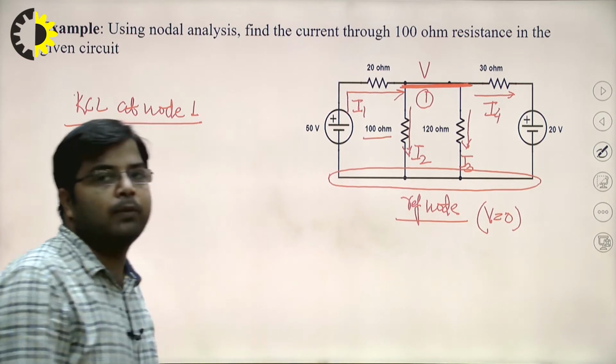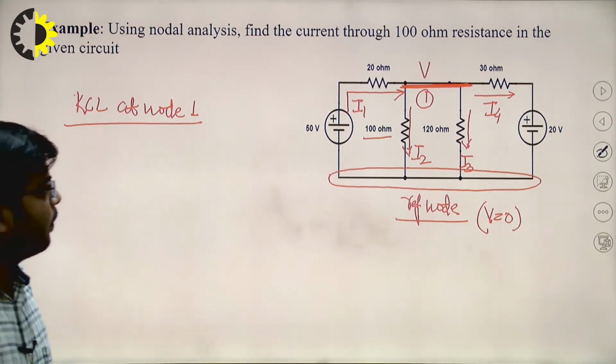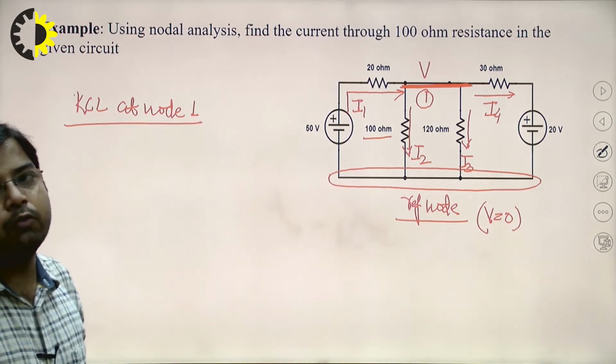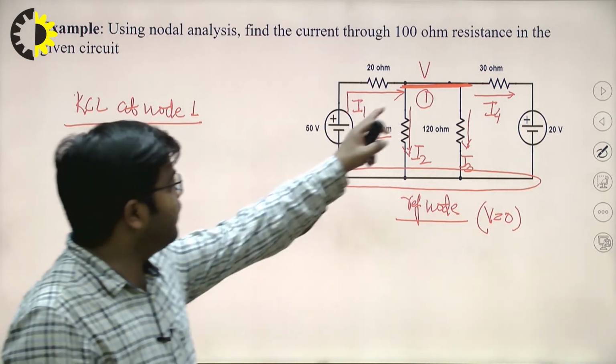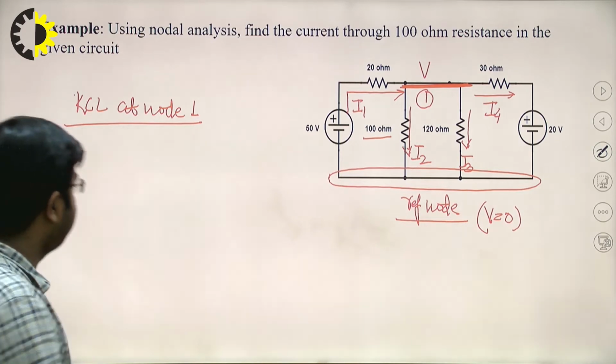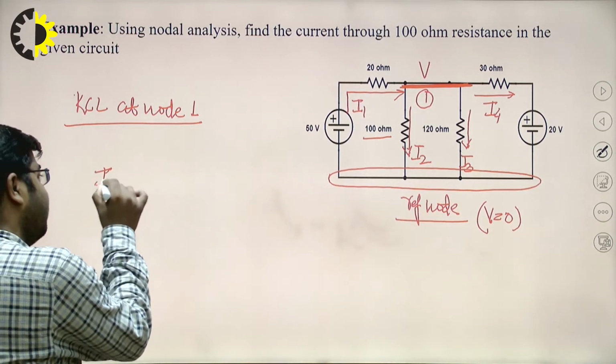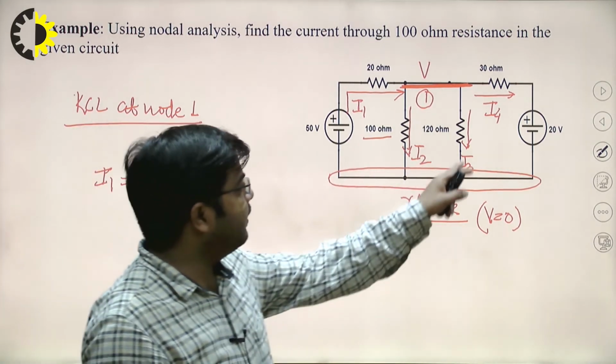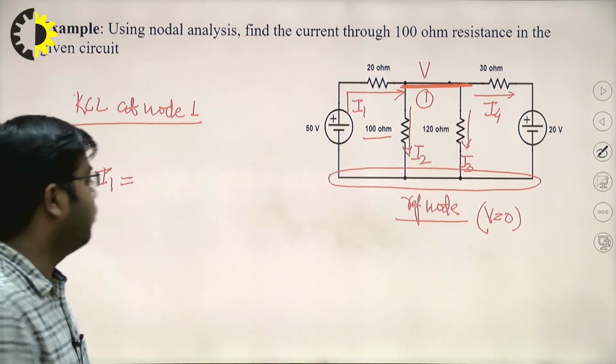What is the statement of KCL? At a node, incoming current should be equal to outgoing current. So what is the incoming current at this node? I1. So I1 is the incoming current, which is equal to outgoing current. So I2, I3 and I4 are the outgoing current.